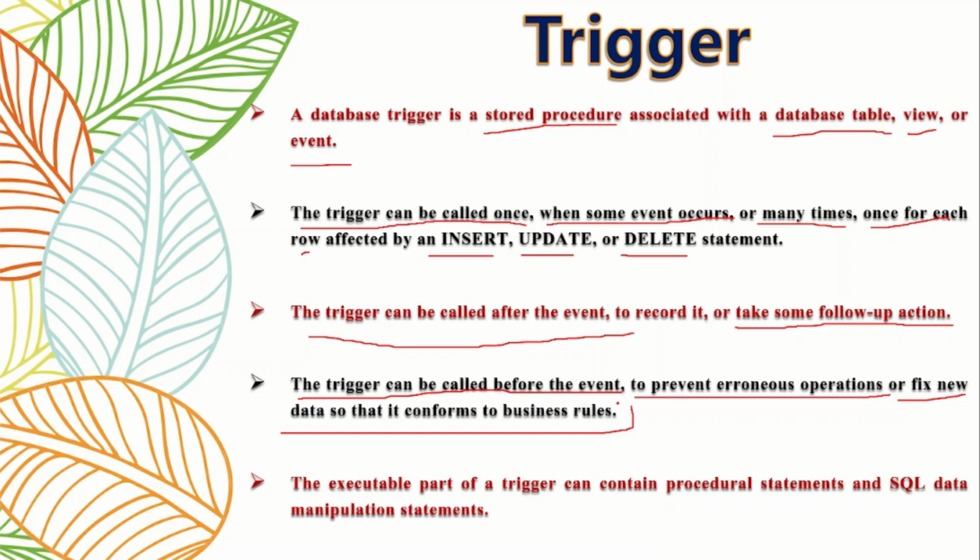If I want that nobody in my company should get less than 10,000 as a salary, then for every update or insert of a record, the trigger is going to check whether the salary entered or updated is less than 10,000 or not. If it is less than 10,000, the trigger will fire and say that salary cannot be less than 10,000. So you won't be able to enter the record into the table, or you won't be able to update that record.